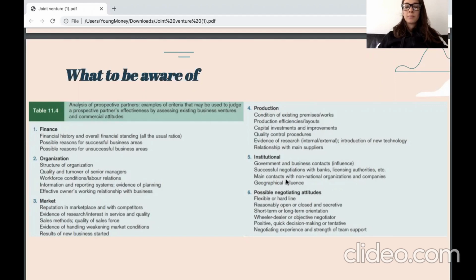Production efficiencies, layouts, capital investments and improvements, and so on. Institutional, like government and business contacts. Possible negotiating attitudes, like flexible or hardline, reasonably open or close, and secretive. Short-term or long-term orientation, and so on.